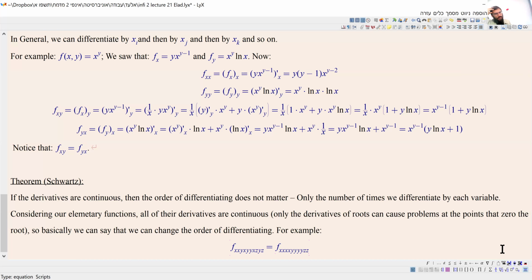So you can choose the same variable over and over again, but the order does not matter. It's n to the power of k over xi factorial for every xi.